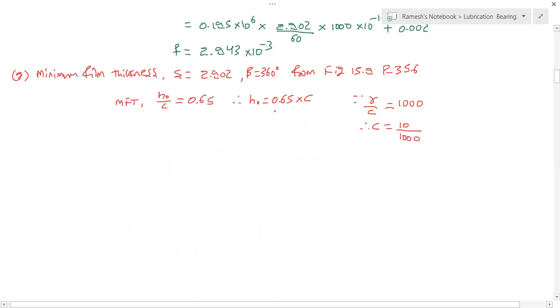Therefore, it is equal to 0.65 into 10 by 1000. Therefore, H naught, the minimum film thickness, is 0.0066 mm. After finding this, the next one is the heat generated. How much is the heat generated?